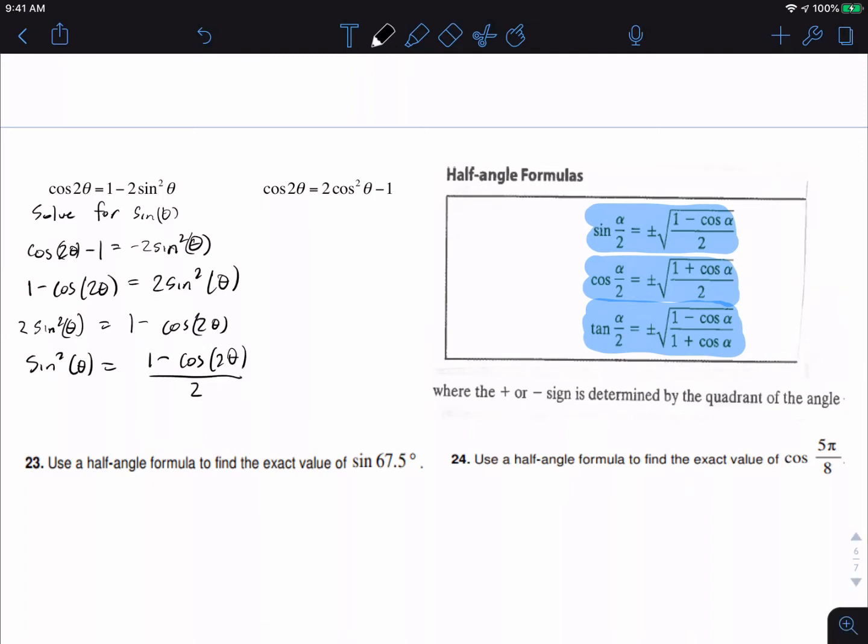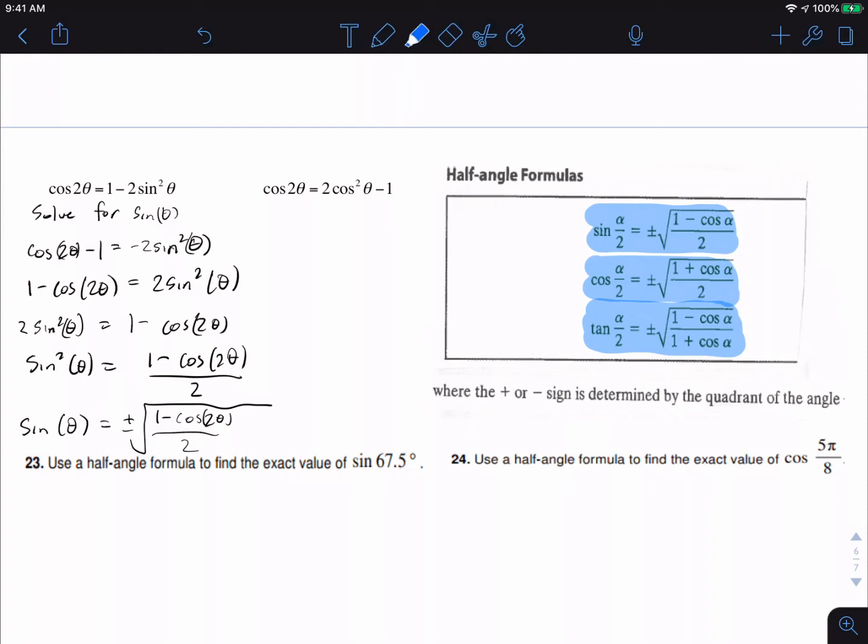And then to get rid of the square, I'm going to take the square root of the other side. So sine theta is going to be equal to plus or minus the square root of 1 minus cosine 2 theta all over 2. And you can see that this is sine of theta.